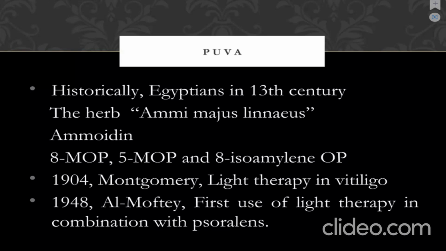In 1948, El Mofty made the first use of light therapy in combination with psoralen. So this PUVA therapy has been available since 1948. Initially, Egyptians started the treatment in the 13th century with herbs like Ammi majus Linnaeus, ammoidin, 8-MOP, 5-MOP, 8-isoamylenoxypsoralen.